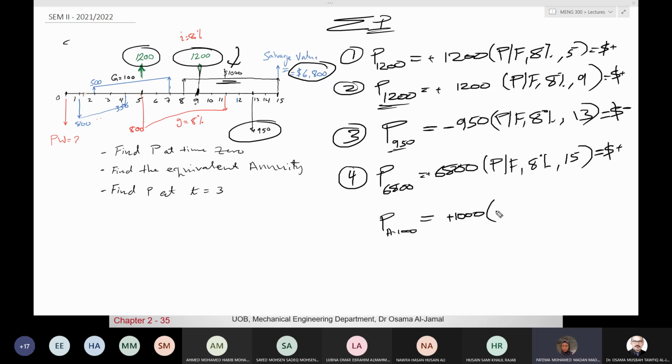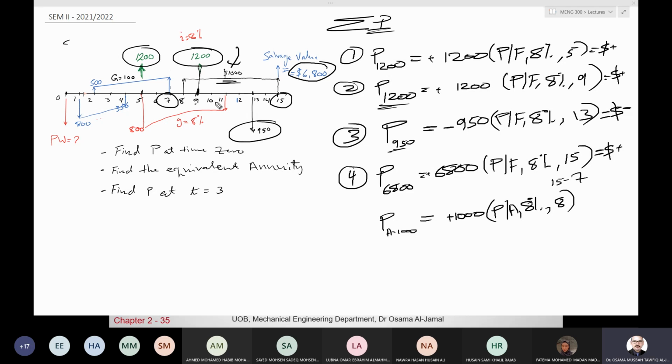P given A, 8%, and 15 minus 7, which is 8. Yeah, 15 minus 7.